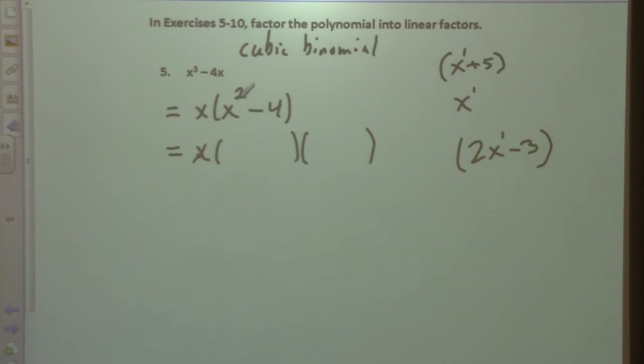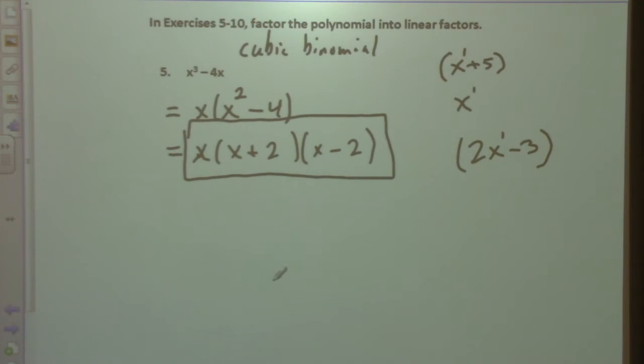What is x squared minus 4 factored? x plus 2, x minus 2. So this would be our answer here. Okay. Questions on that? Okay, good. Let's go on to the next one.